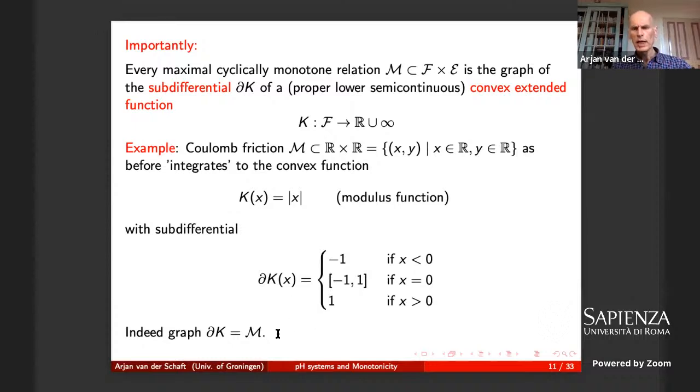So indeed, we are back to the Coulomb friction characteristic. So you see that convex analysis, of course, gives a very nice approach to dealing with discontinuous phenomena, at least if they are convex.